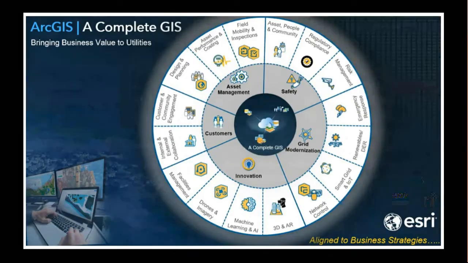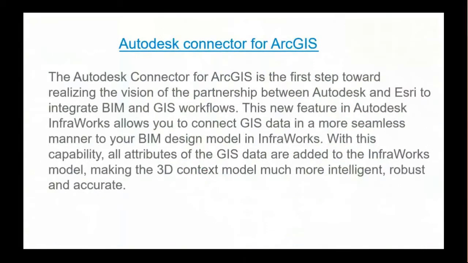As we look at things, one of the ways we utilize that data working with an Autodesk product is the Autodesk connector for ArcGIS. The Autodesk connector for ArcGIS was the first step in realizing, envisioning the concept partnership between Autodesk and Esri to integrate BIM and GIS workflows.